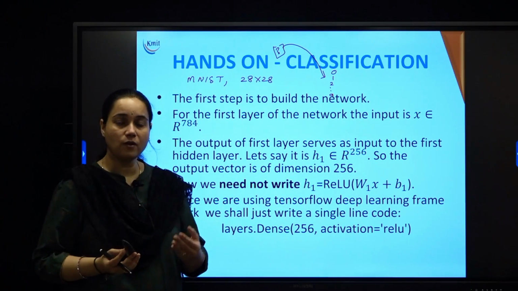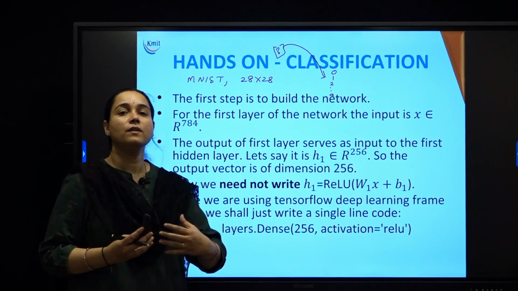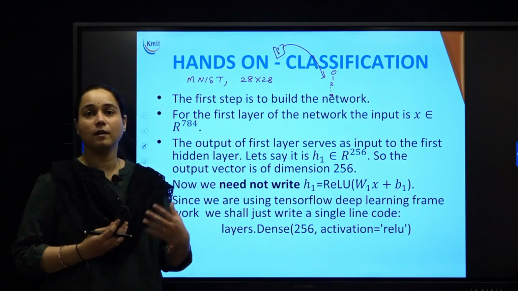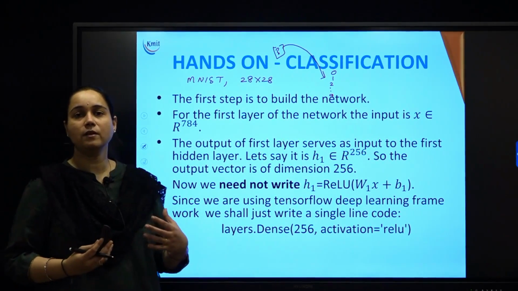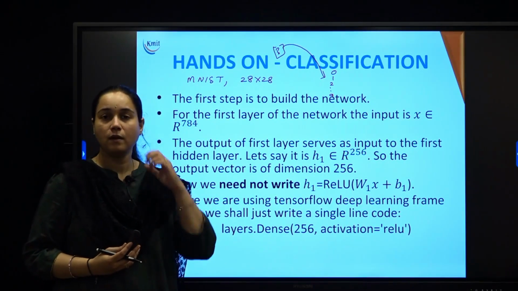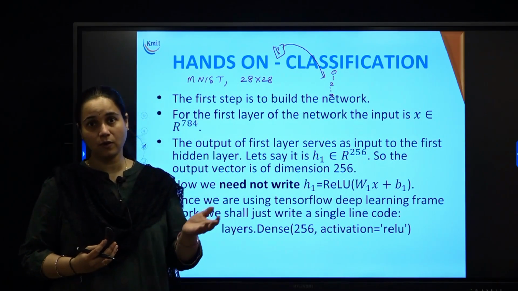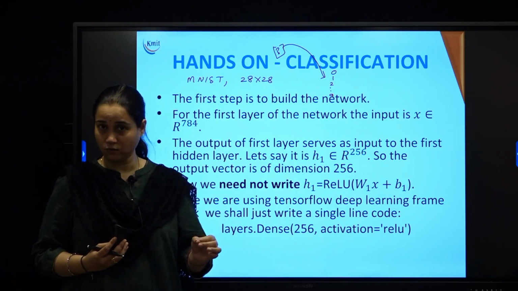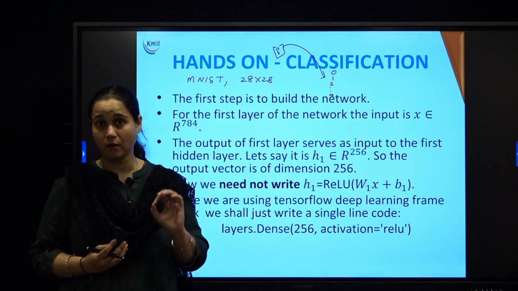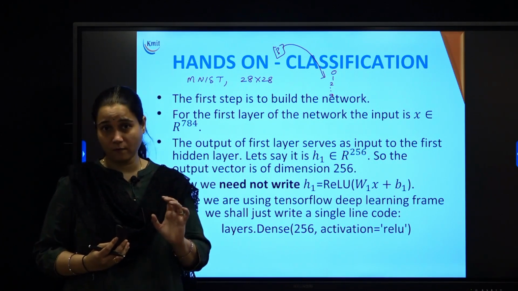So for classification, you got to know how to build an artificial neural network with hidden layers, an input layer and an output layer, so that it can give you a more optimized solution. Now I told you, as your model complexity increases, you cannot rely on manual calculation of gradient descent. For that reason, you require deep learning frameworks.